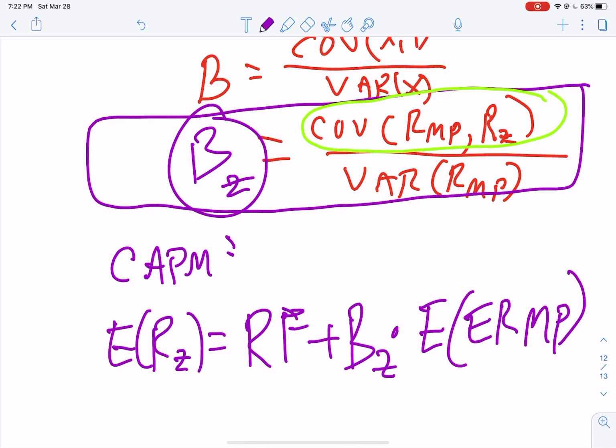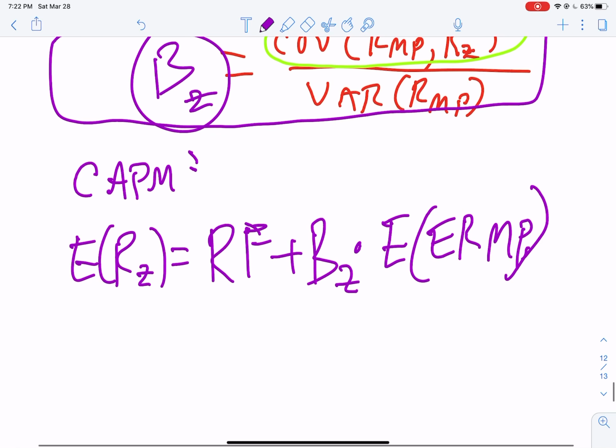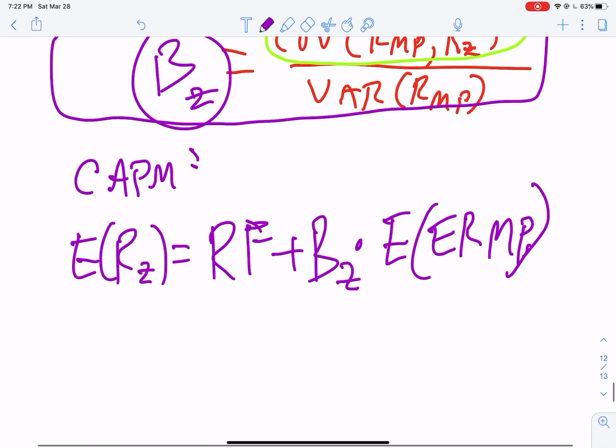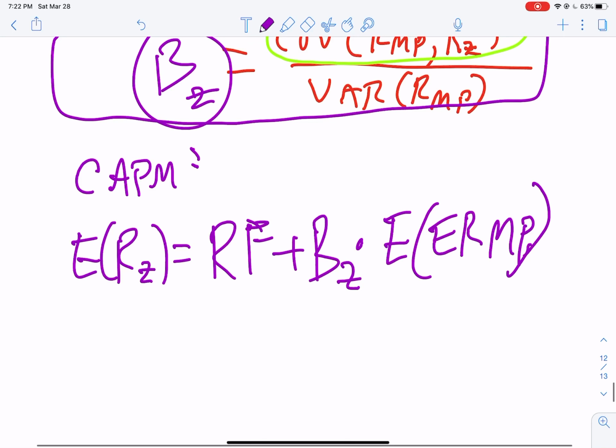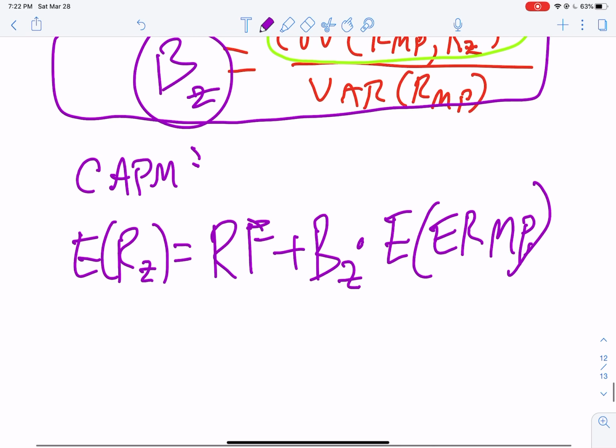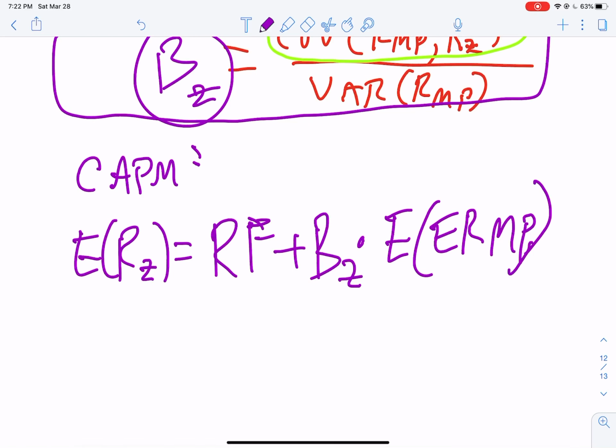The excess return on the market portfolio is simply, you can imagine 2 columns of data. You have the return on the market portfolio. Then you have the risk-free rate.